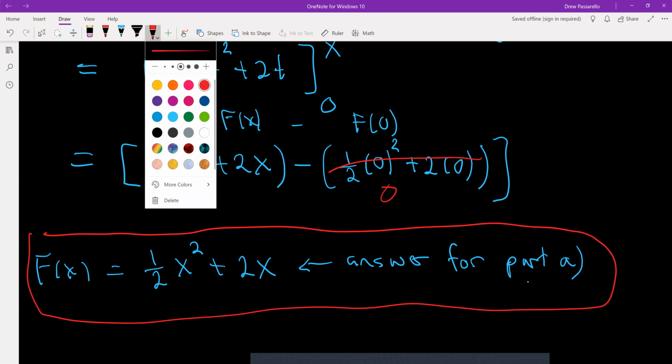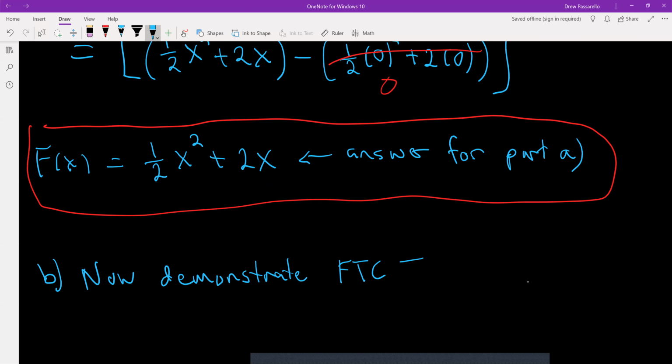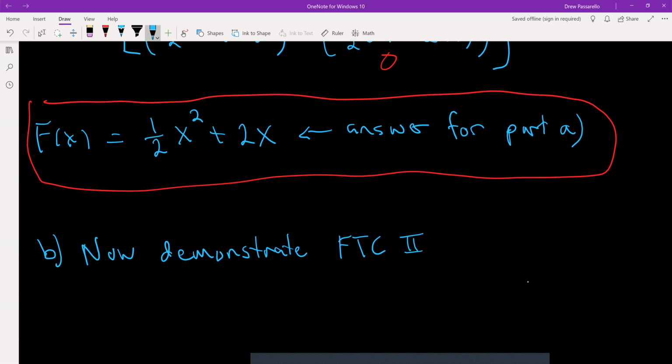And now we just apply the fundamental theorem of calculus second part. Now demonstrate fundamental theorem of calculus part 2 by differentiating.